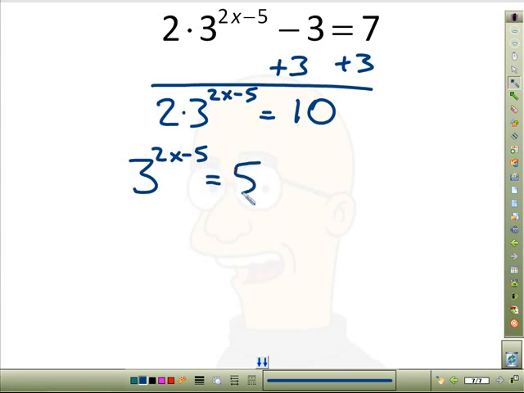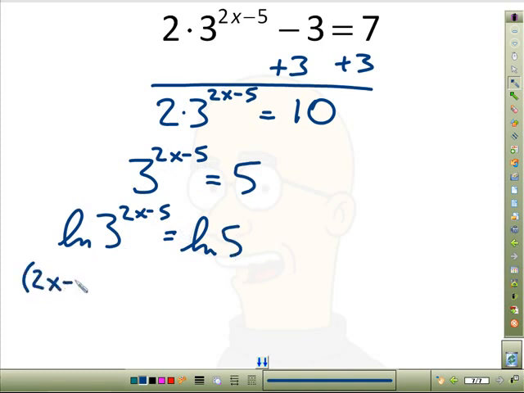Now you can go through and do your natural log. And the whole purpose there was so I could bring this 2x minus 5 out front. Okay. Any questions?